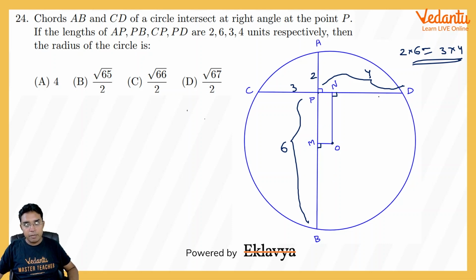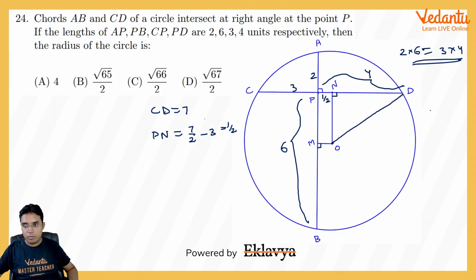So if N is a midpoint, the length of CD is 7. So you can see this PD would be PN actually. PN would actually be 7 by 2 minus 3, isn't it? Because NC will be half of 7 and this is 3. So this one will be half here, 1 upon 2. Okay. If we want to find the radius, I think use the Pythagoras theorem, it will be done.